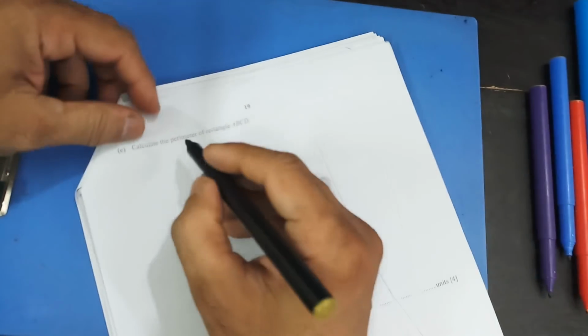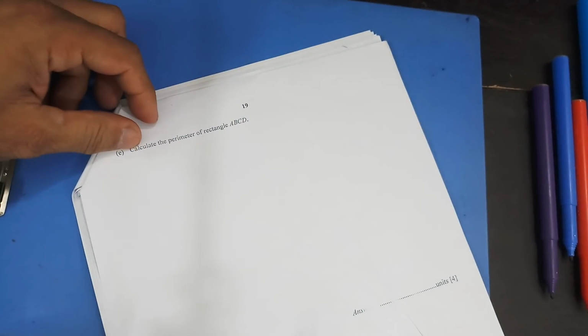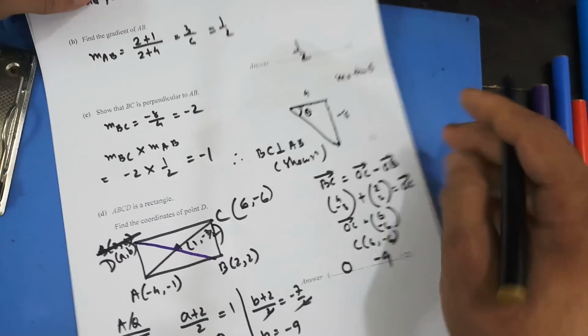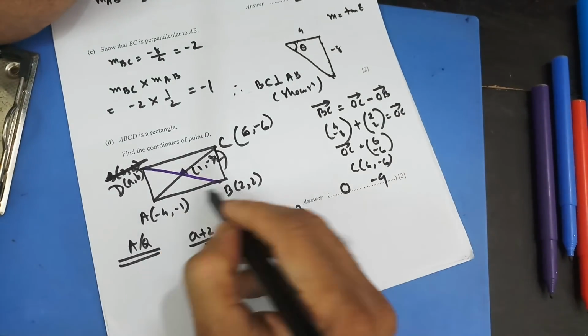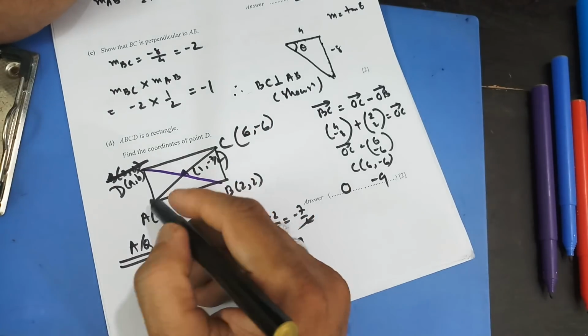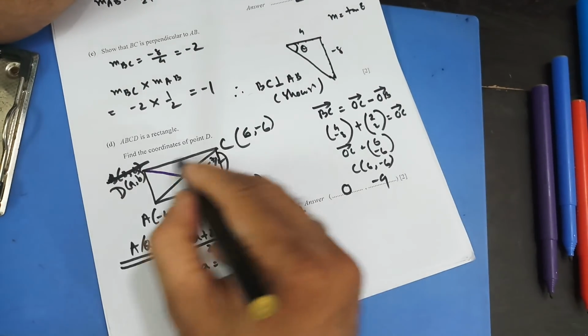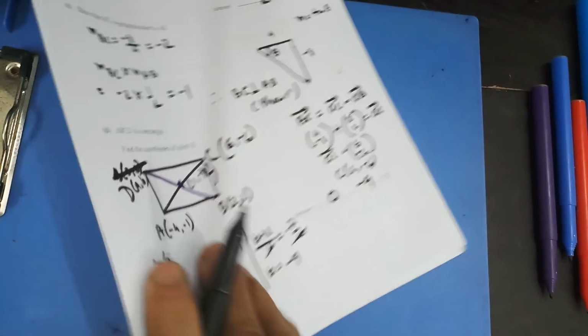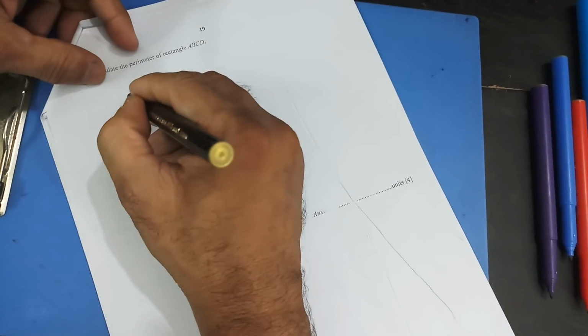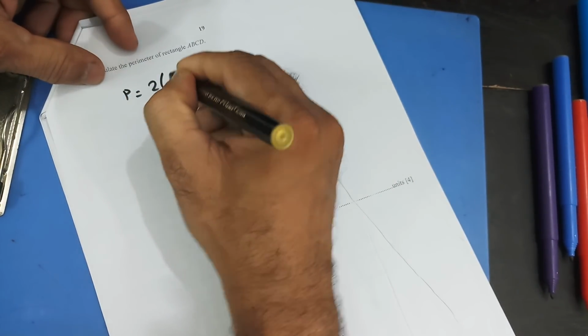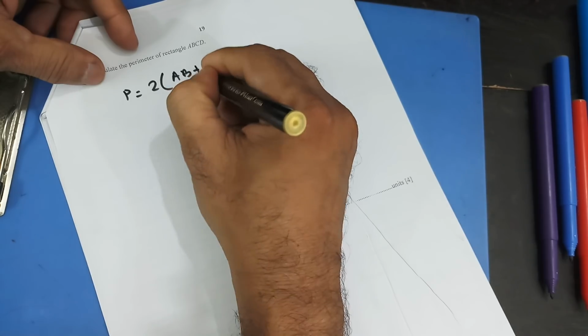All right, C, calculate the perimeter of rectangle ABCD. So perimeter of ABCD, now we know that it's a rectangle, so this and this are equal, this and this are equal. Okay, so perimeter is gonna be 2 times (AB plus BC).